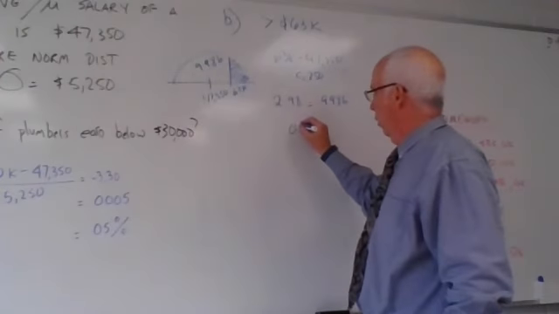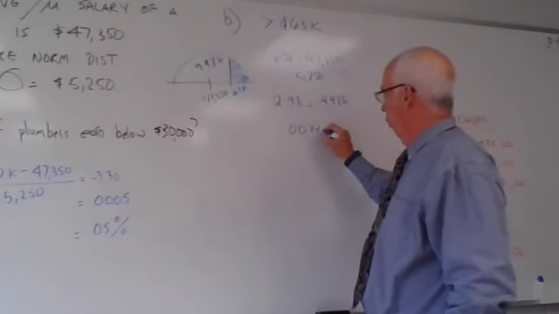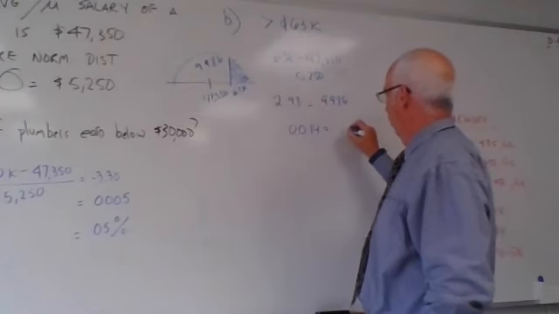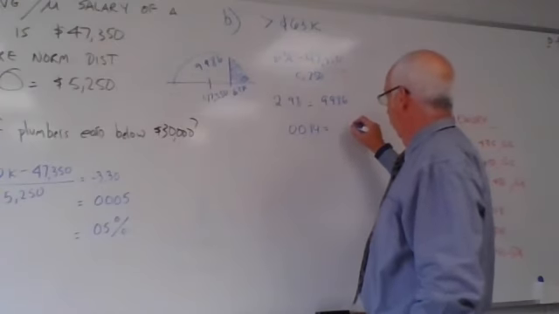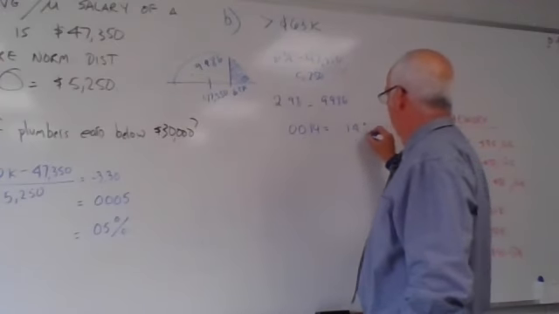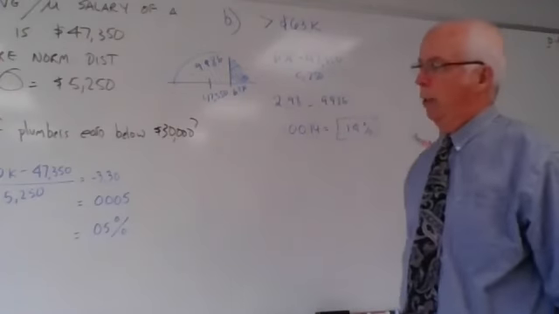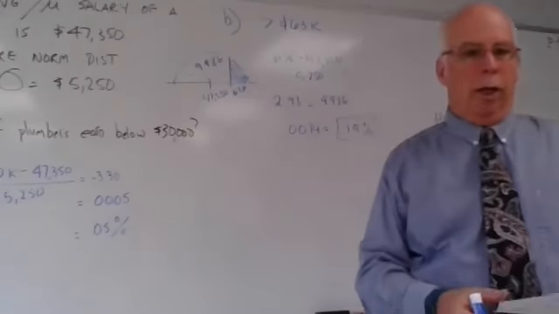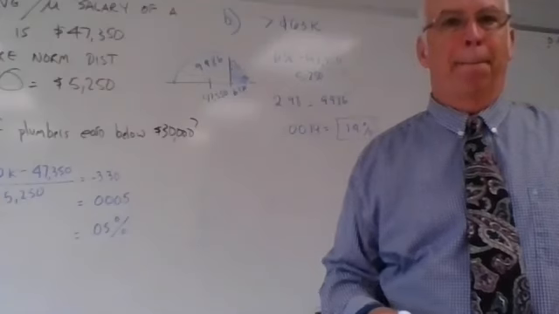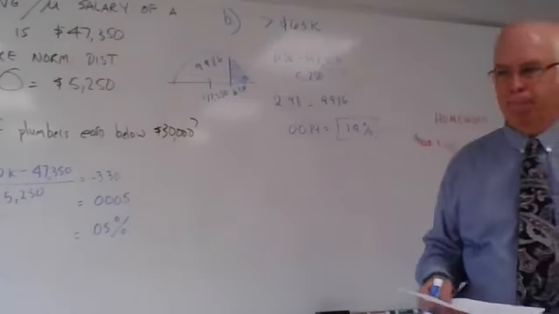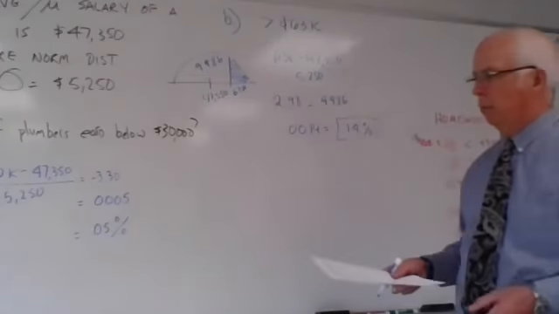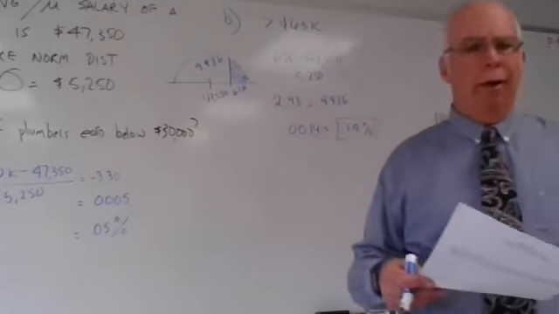And we get 0.0014. And if we convert that to a percentage, it too is very small. 0.14% of the population earns more than 63,000. I'm sure it's much higher than that right now. Okay. Questions, comments, concerns? Hearing none, we'll move right on.